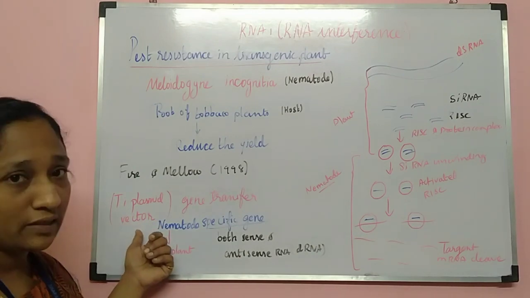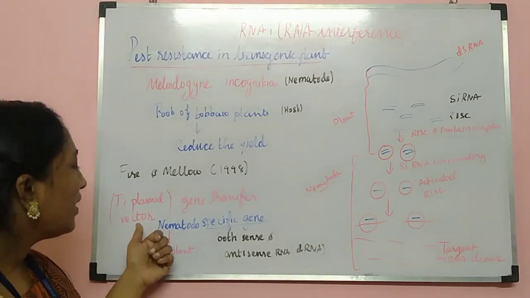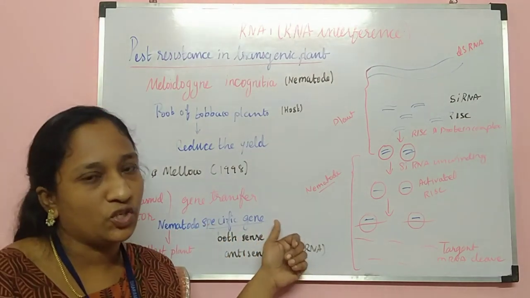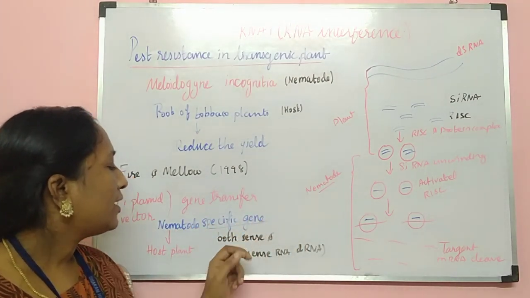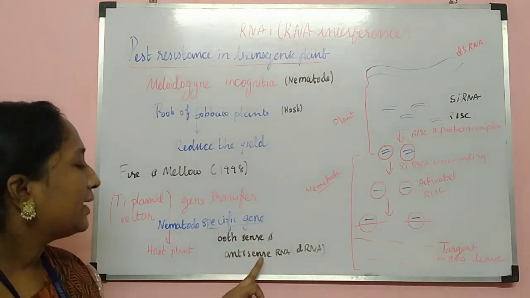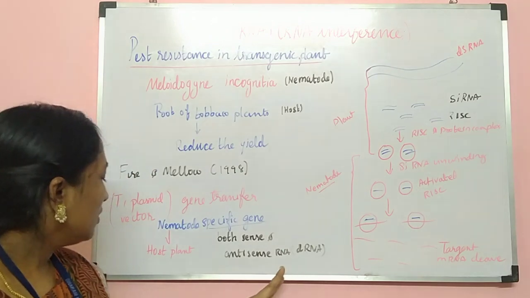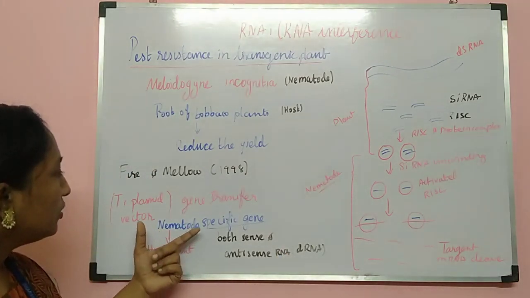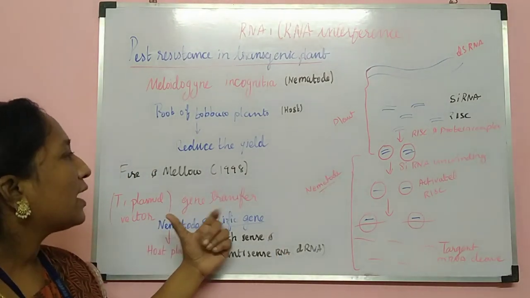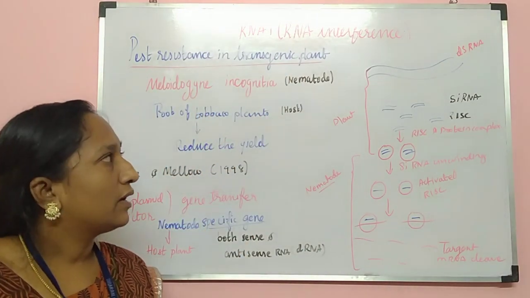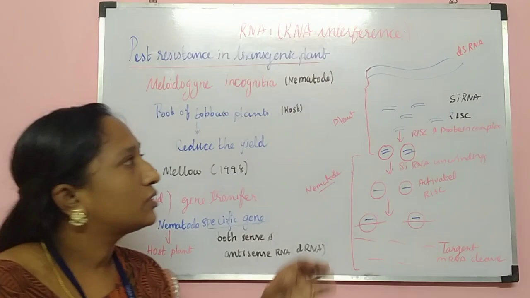It acts as a vector, a vehicle, and into it they introduce the nematode specific gene. This gene has both sense and antisense RNA, so it forms double stranded RNA. Using this gene transfer method, they bring pest resistance into the tobacco plant. Come, let's learn how the process goes on.